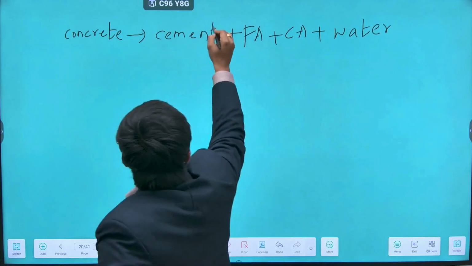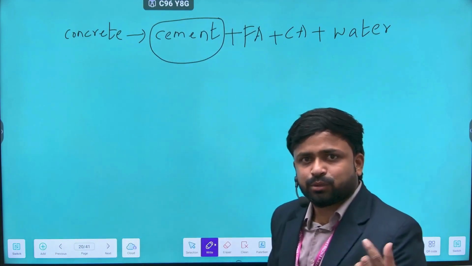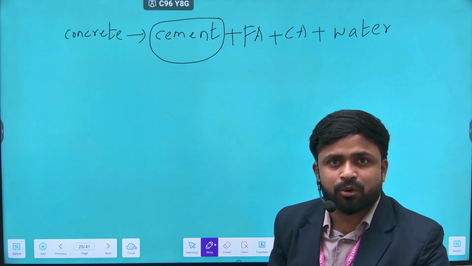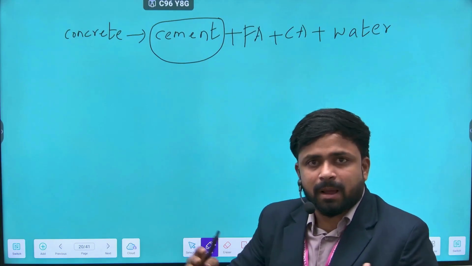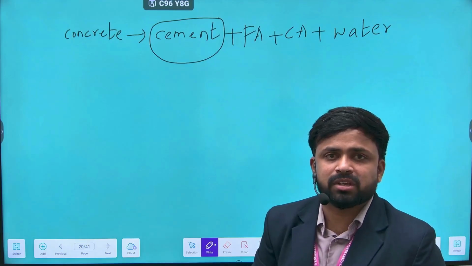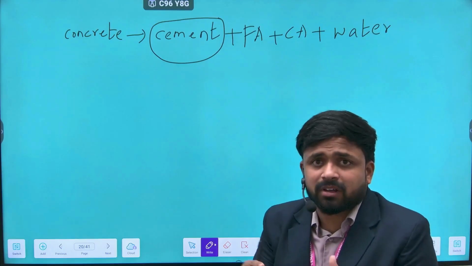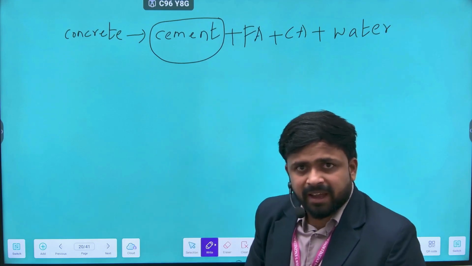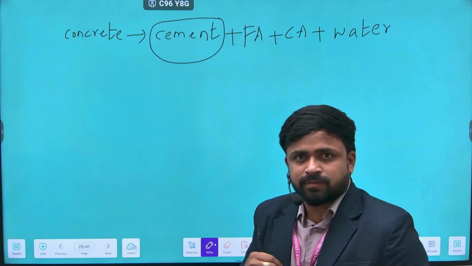Okay, if another material has the same cementitious property, and we are getting it from the byproducts of large-scale industries producing large amounts of coal and steel, those byproducts have cementitious properties with the addition of some water. So we can reduce the usage of cement here.